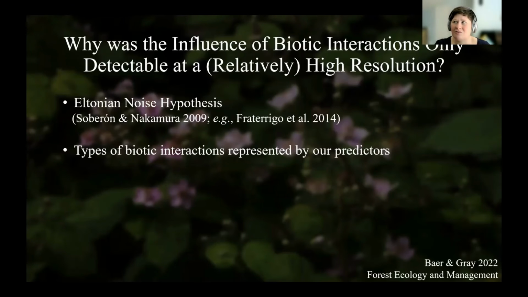But there's some evidence from the literature, not necessarily with plants, but with other invasive species, that the biotic interactions that are more likely to be picked up in these models at relatively coarse resolutions are positive biotic interactions, so mutualisms and things like that. Because ours represent more of a negative interaction, it could be that we're just not picking them up at that resolution. So those are two possibilities. There are others we discuss in the paper, but those are two to highlight.